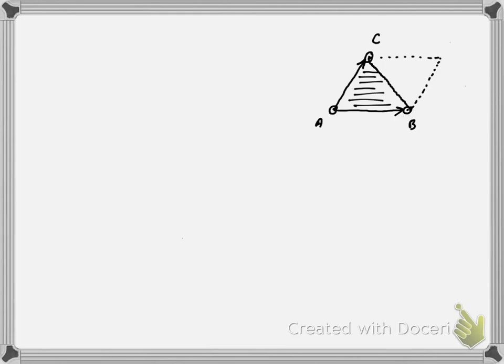For that we find a vector which is perpendicular to these vectors, vector AB and vector AC.